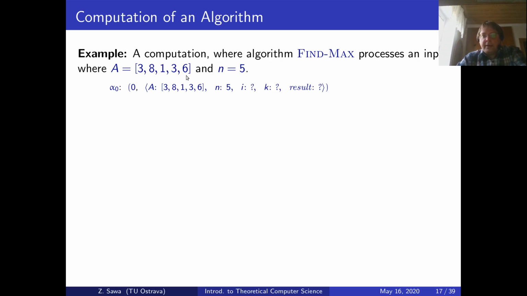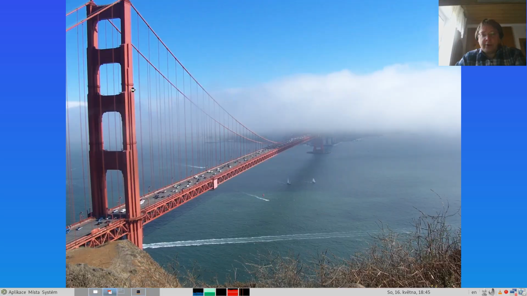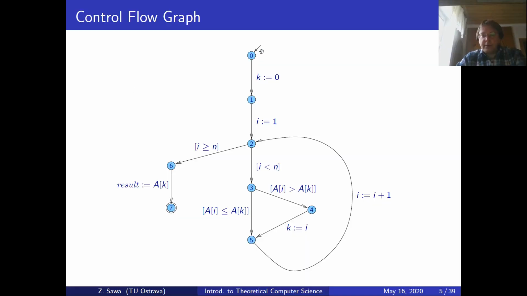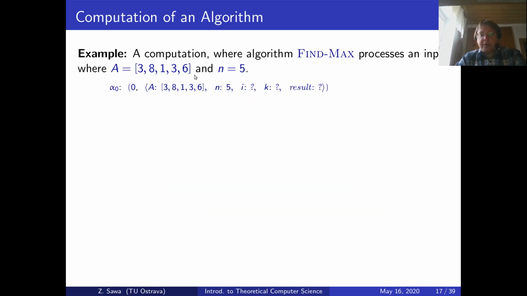And so the computation starts in some initial configuration, which is here denoted alpha 0, where the control state is 0. So it starts in the initial control state, and the content of memory is given by the input.